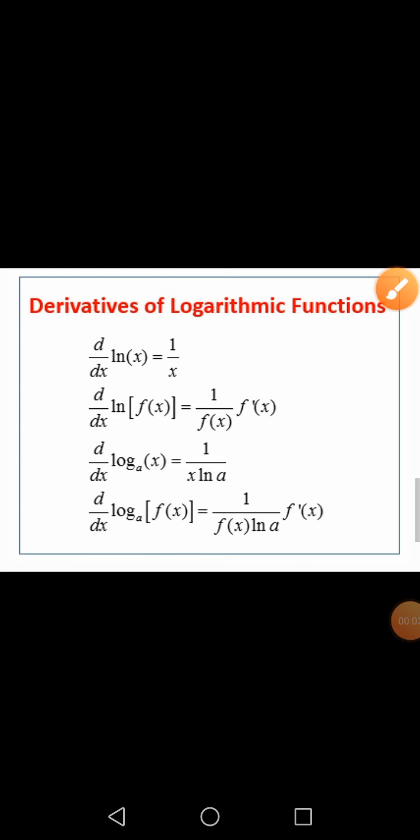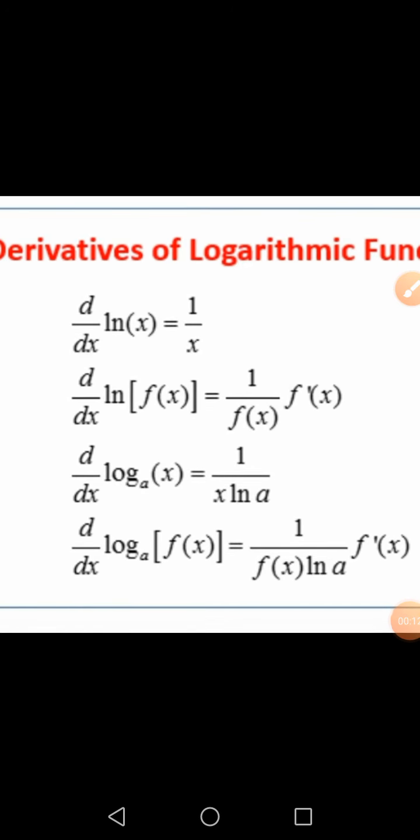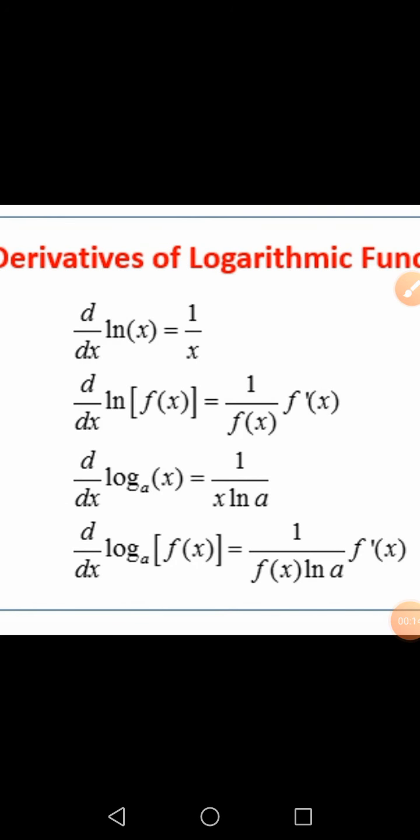In this part, it's called the derivative of logarithmic functions. If I have ln x, it would be 1 over x. If it's the ln of a function, it would be 1 over this function multiplied by the derivative of this function. If it's a logarithm, it is 1 over x ln a.